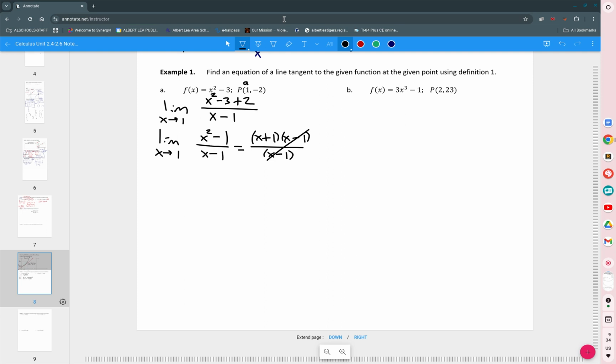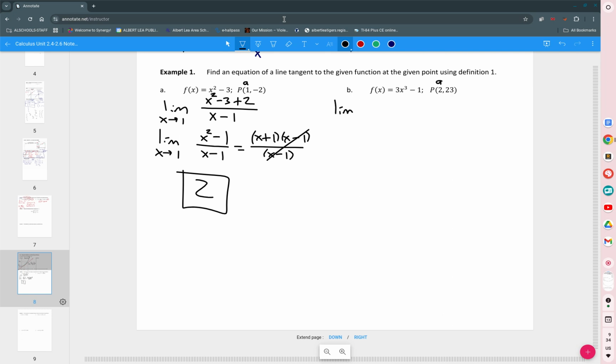And so now we fill the discontinuity by once we remove it, we plug in 1 and we get 2. 2 is the slope of that tangent line. Heck yeah. I like math. This resembles more what you remember from our time in college algebra and whatnot, right? A little bit more algebra, okay?